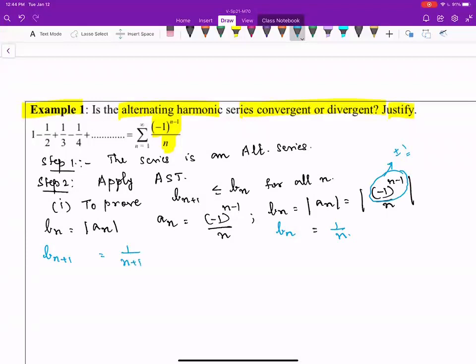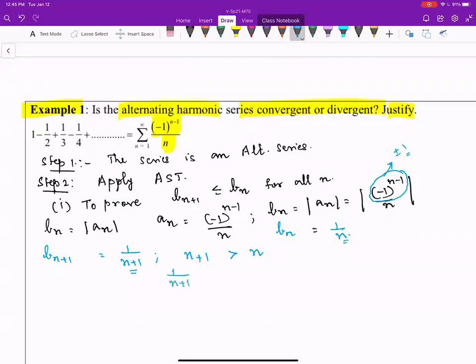In this case, as the numerator is only a constant, it's easy to compare the two. So we can compare the way we normally do. n plus 1 is more than n. n plus 1 is the denominator of b sub n plus 1, and n is the denominator of b sub n. Take the reciprocal.